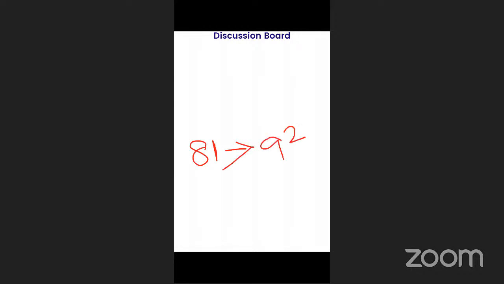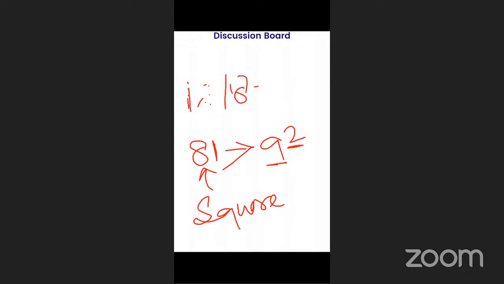So if I can write it in any other number's square form, at that time this particular number is called a square number or perfect square number. Now suppose I have 18 instead of 81. Can I write this number as any number's whole square? No. At that time I cannot say 18 is a perfect square number.